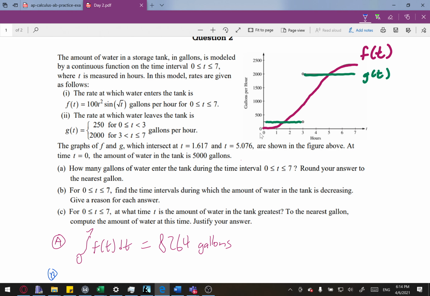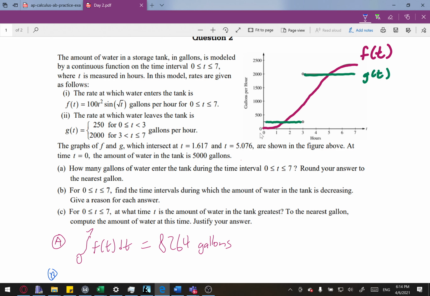Can you give me a formula that would give me the change in the amount of water in the tank? So, change not just entering or leaving, but total change. f of t minus g of t.